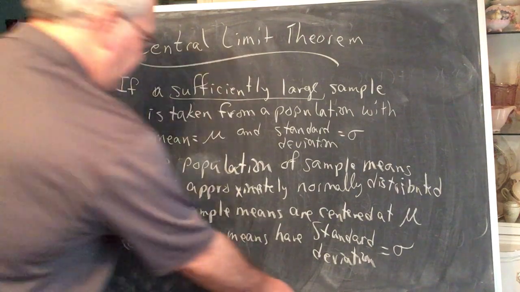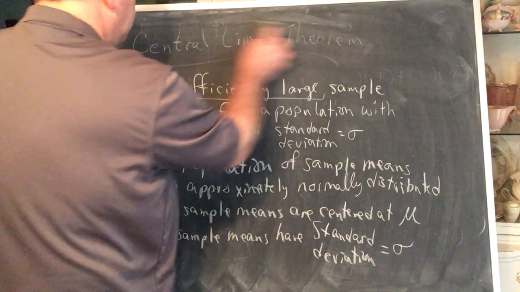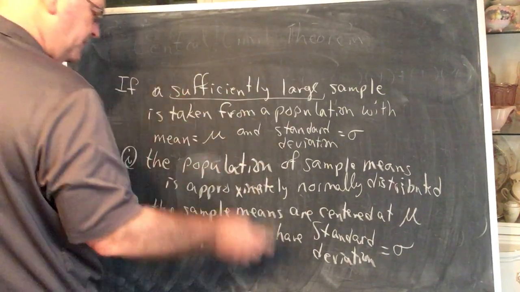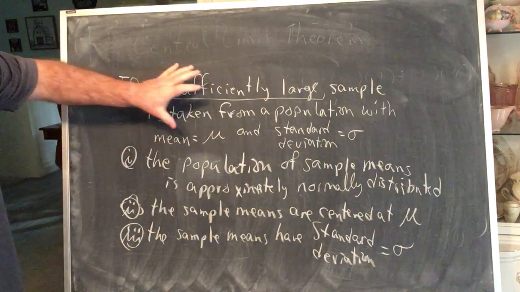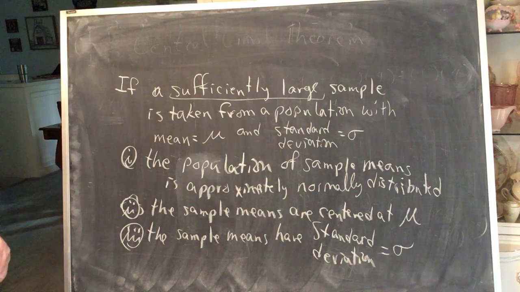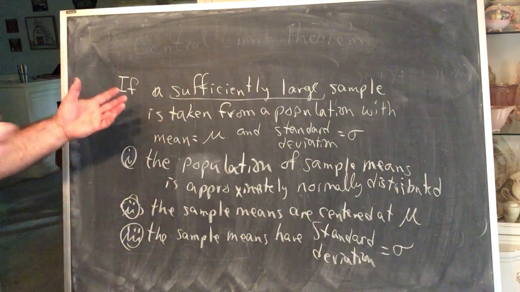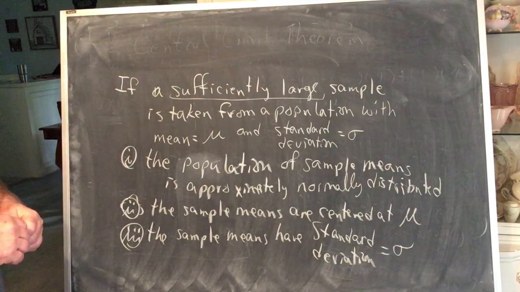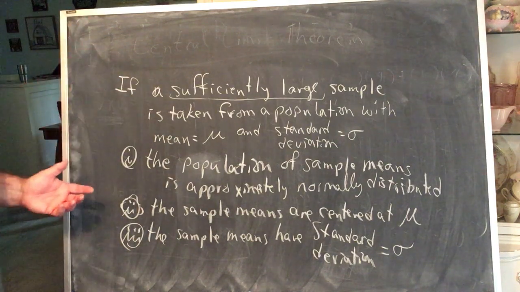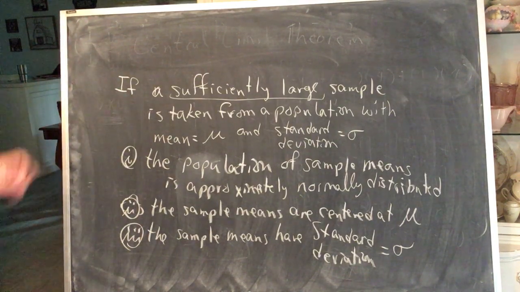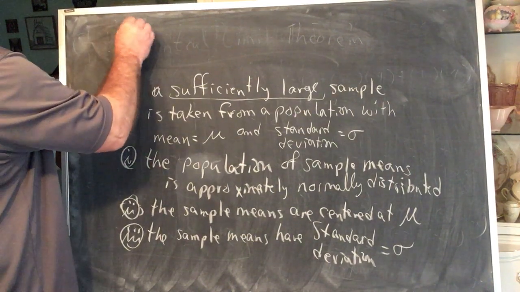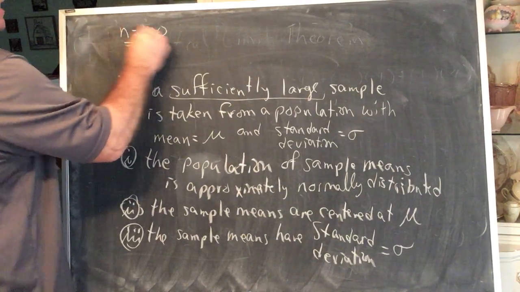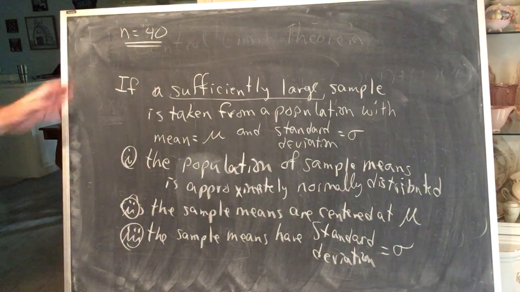Now I'm going to erase some of this so I can draw some pictures here. Now here's what that means. If we have a large population, let's suppose we have the population of all patients that receive a certain medication. That might be a huge number. But we take a sample, and for now, let's assume that 40 has met this sufficiently large requirement.